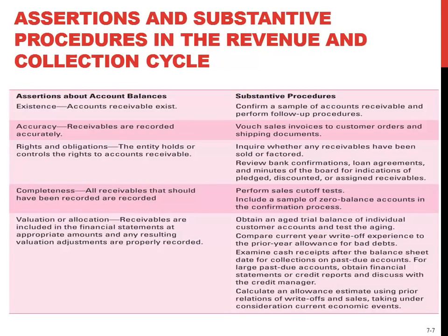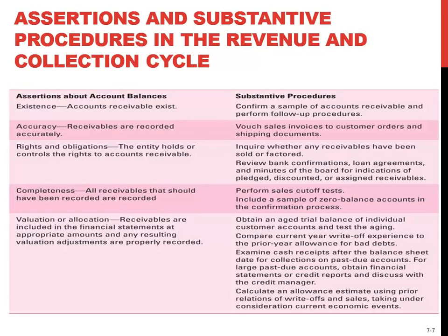Basically, confirmation of accounts receivable is you select a sample of accounts receivable and you confirm the account balance directly with the customer. If the customer comes back and says, yes, we owe XYZ company $100,000, then you've confirmed the account balance, and you've basically said, yes, this accounts receivable exists as of 12/31.